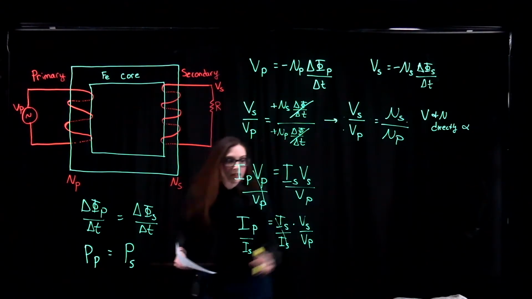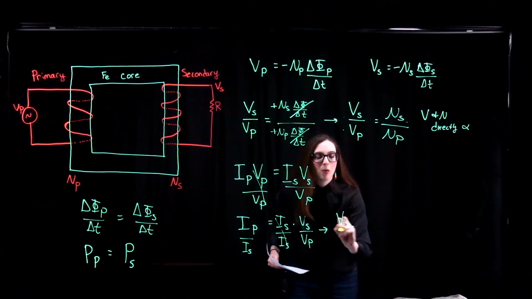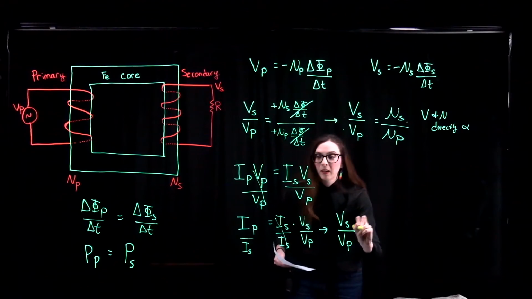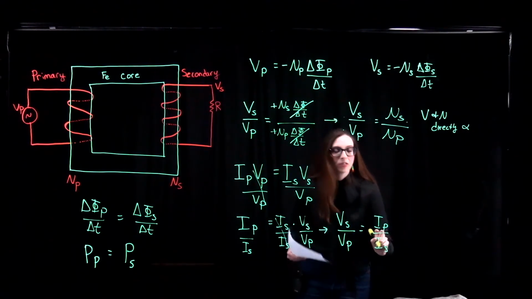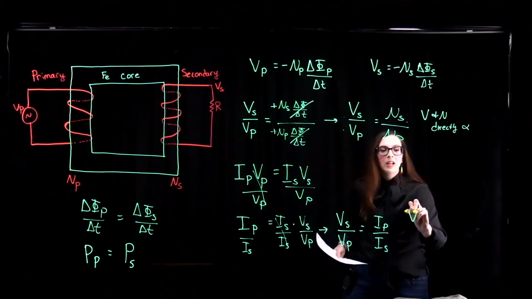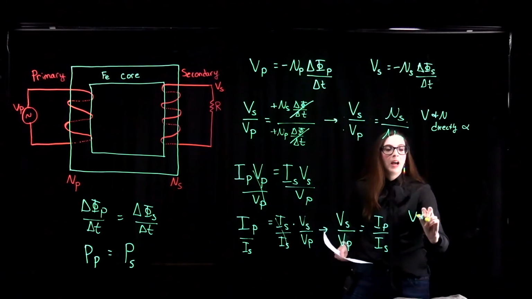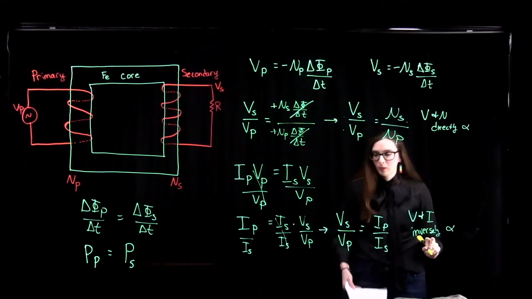Okay, so now I see that Vs over Vp equals Ip over Is. In this relationship, V and I are inversely proportional to each other.